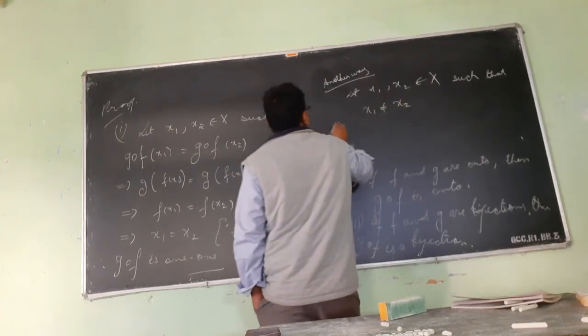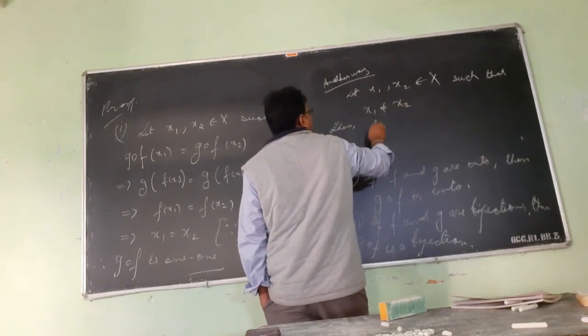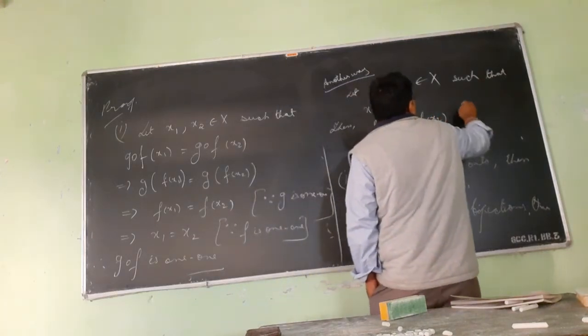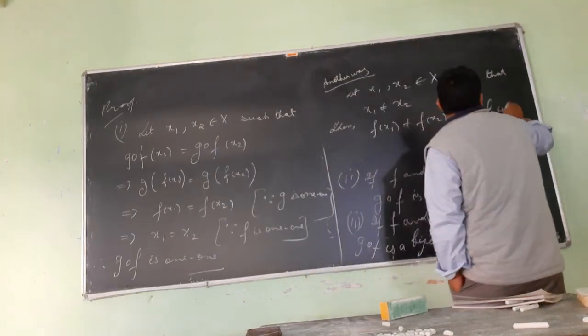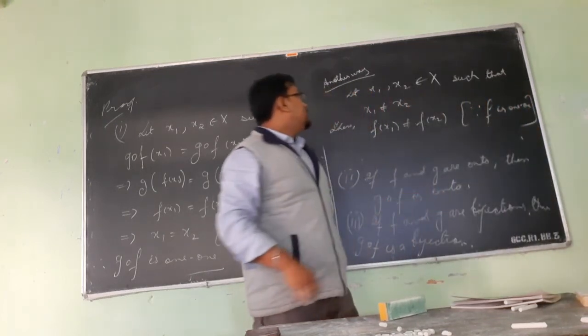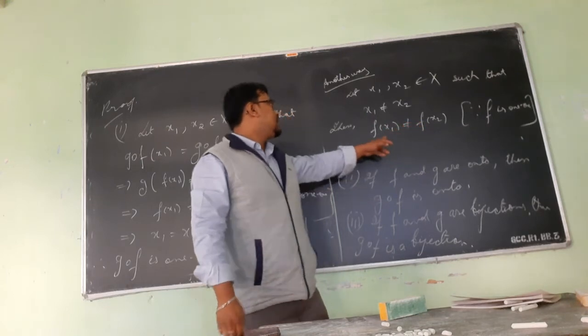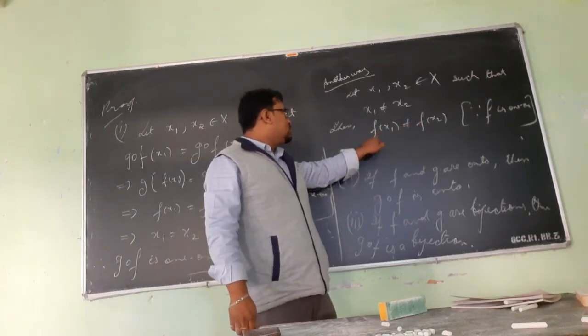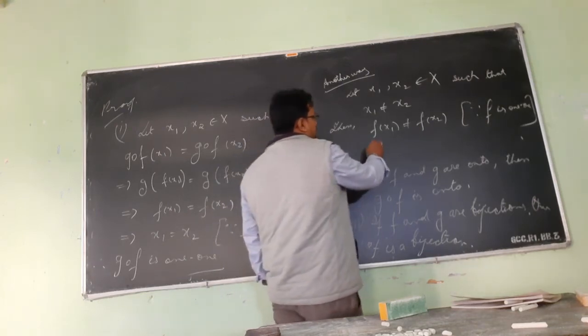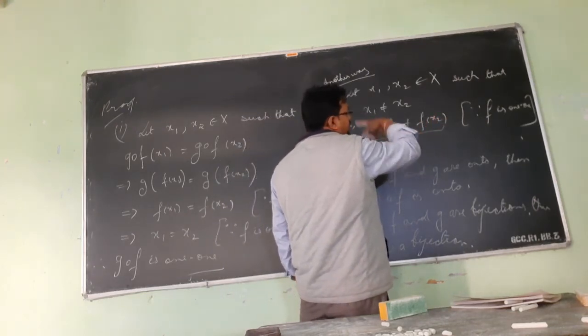Then f of x1 is not equal to f of x2, because f is 1-1. We take two unequal elements and so we can conclude that f(x1) is not equal to f(x2) because f is 1-1. Now these two are unequal elements of Y.